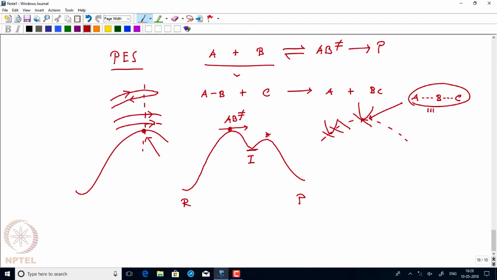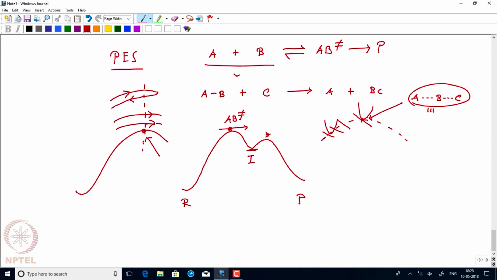This point was made by Wigner, who did all this classical canonical partition function derivation, which we also did not derive. We just derived the Eyring model, which is not a very rigorous model, but it is a correct model in the sense that at the end of the day, Wigner's model with all this rigorous derivation also gives you a similar expression.